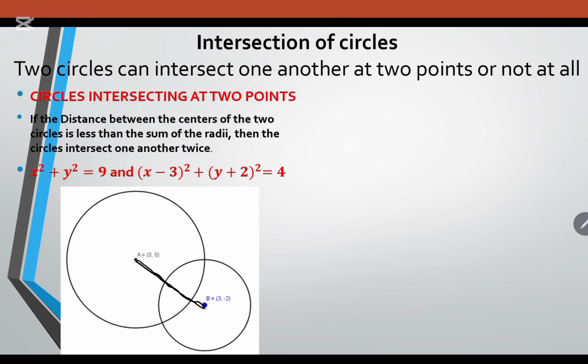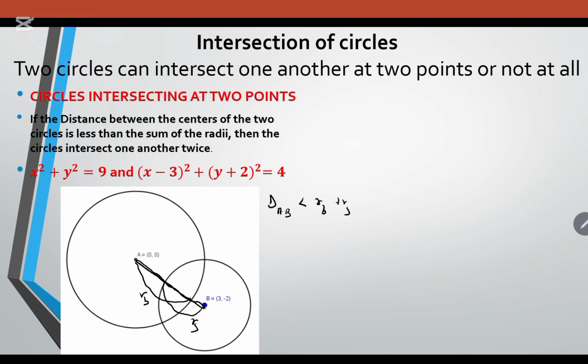So that means the distance between the center points, which I marked, is less than the sum of the radius of the bigger circle and the radius of the smaller circle. So if the distance AB is less than the sum of the radius of the bigger circle plus the radius of the smaller circle, therefore these circles intersect twice.